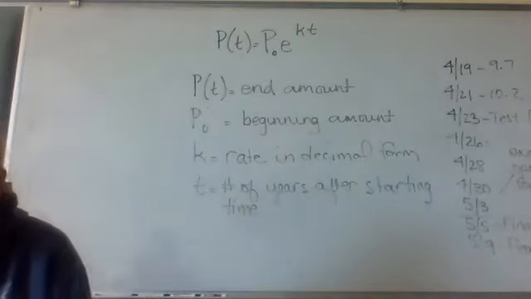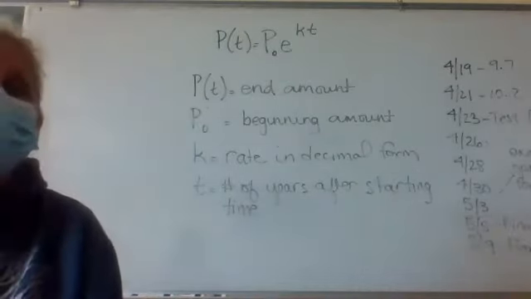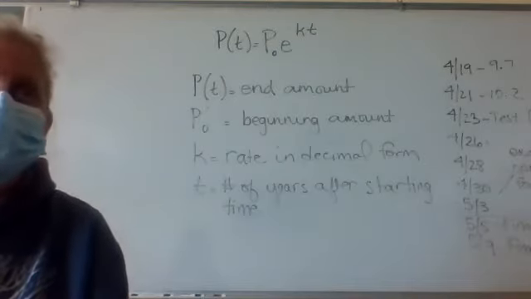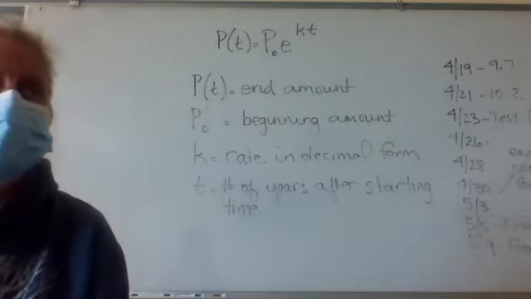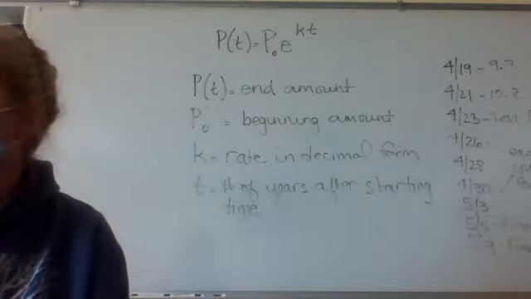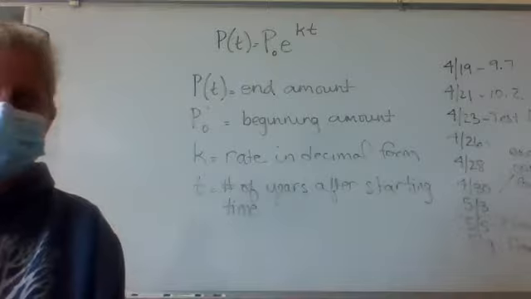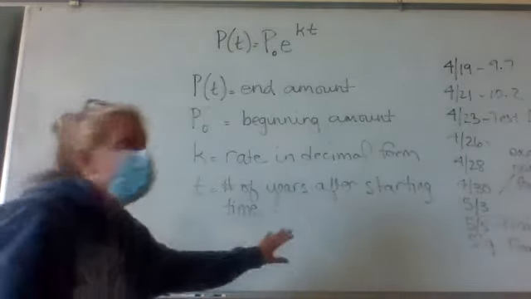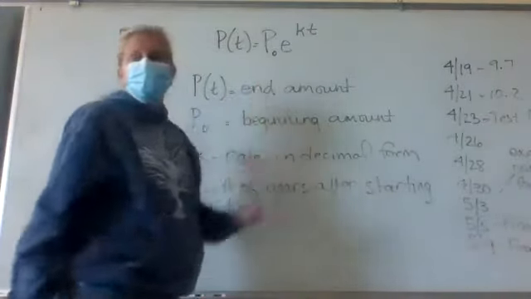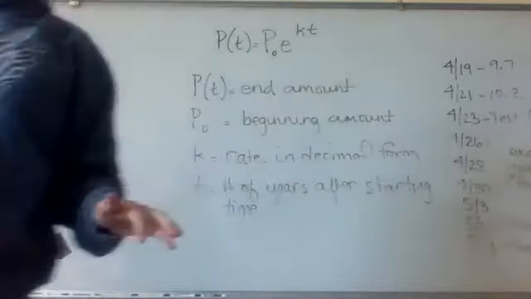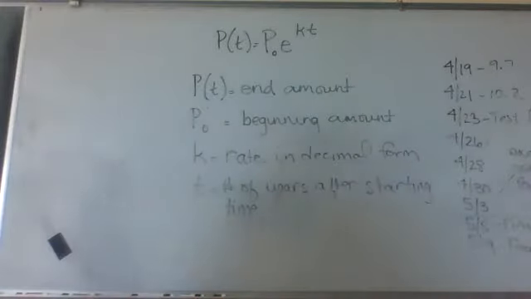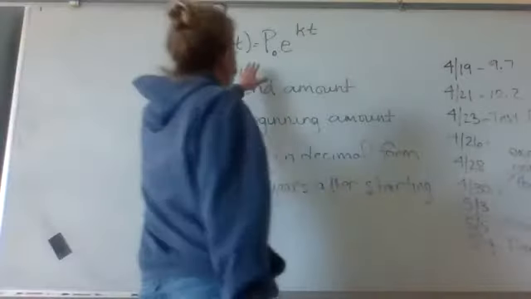3.7. We are going to be studying applications of solving for your variable, where your variable is in the exponent. This is the formula that we are going to use for the first problems. It is called the exponential growth formula.